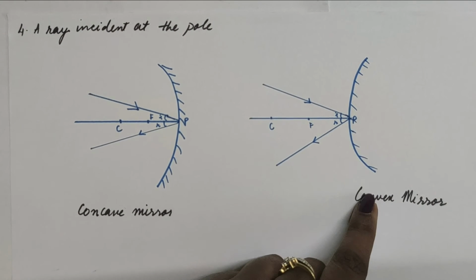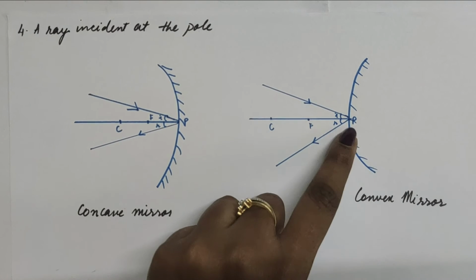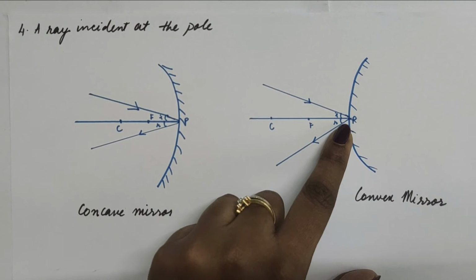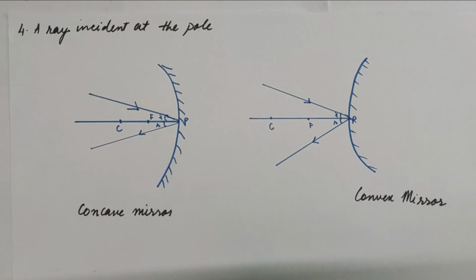And similarly, a ray of light incident at the pole of a convex mirror will get reflected at the same angle, again based on the law of reflection.